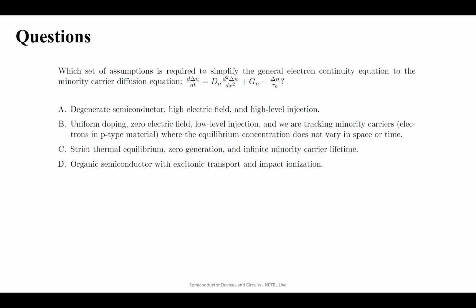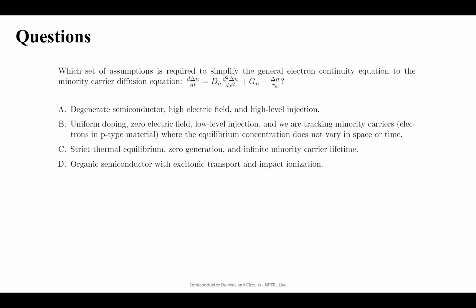Which set of assumptions is required to simplify the general electron continuity equation to the minority carrier diffusion equation, del n by dt equals Dn d square del n by dx square plus Gn minus del n by tau n? A: Degenerate semiconductor, high electric field and high level injection.